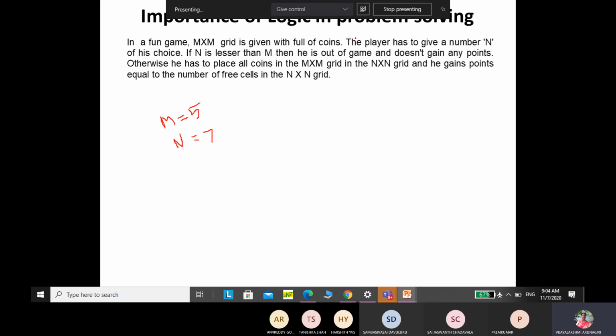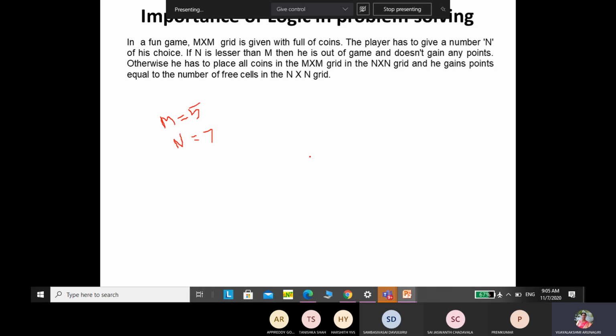In such cases, we are eligible to run the game, isn't it? The n value should be greater than m. So here what we are going to do is, m cross m is already filled with coins, and now the n cross n grid we are placing on the m cross m grid, the number of free cells becomes the answer.